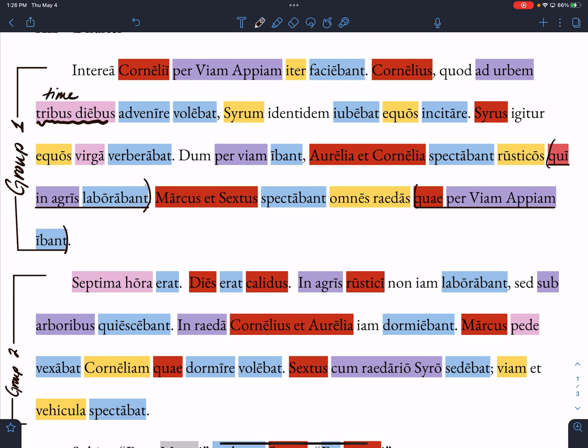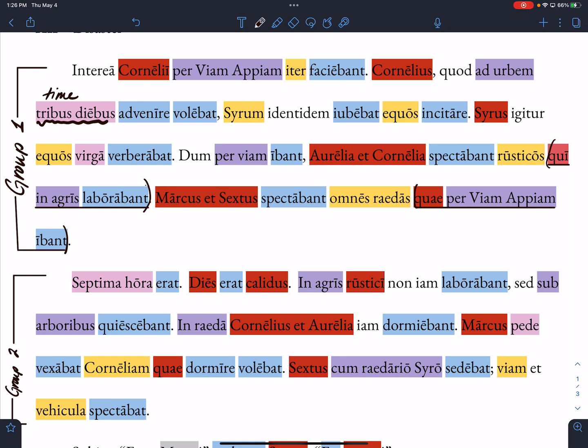Can someone give me the whole thing? Ablative of time, when or within which. You were pretty close. You got it. Tim, question? I thought it's ablative of time. You're saying someone give me all the ablatives? Oh, no, just what this specific one was. It's okay.